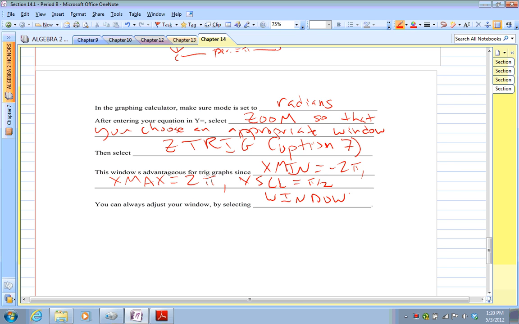Notice how the y min, y max is not terribly big. Why would you want one that's too big, right? You can always change if you need to. If you want to put in, like, say, negative pi, just do negative pi. You don't have to do 3.14. It knows what pi is. It doesn't quite do 2 pi. What is 2 pi as a decimal? 6.28. So it doesn't quite do it, but it's good enough. We could change that if we wanted to.